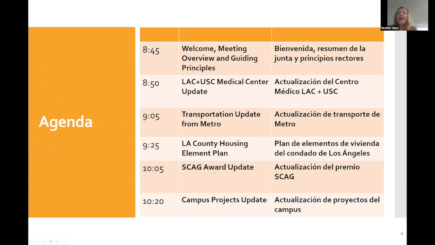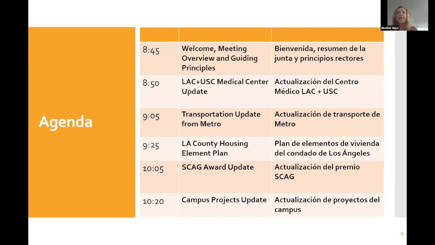For today's meeting, we have several fabulous presenters to bring before you. We will have, as always, an update from our own Medical Center CEO, Jorge Orozco, to tell us a little bit about what's happening at the LAC-USC Medical Center. We're delighted to welcome guests from LA Metro to give us a transportation update on initiatives on the East Side. We'll have a lengthy presentation and conversation about the LA County Housing Element Plan by the Department of Regional Planning.